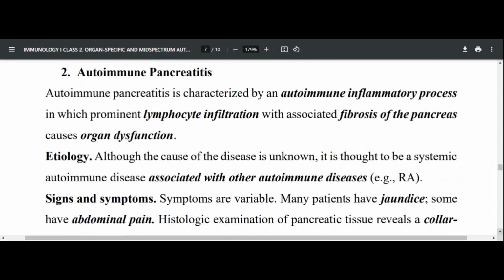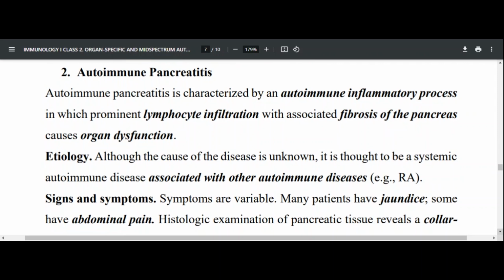So autoimmune pancreatitis is due to an autoimmune inflammatory process and infiltration of lymphocytes in that organ. The lymphocytes are disturbing this organ, which leads to dysfunction.